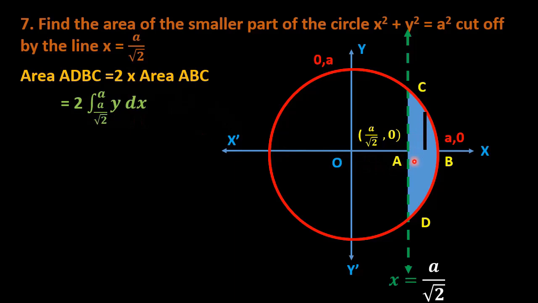So we have taken the vertical strip. This point is a by root 2, and we have to integrate up to this point, which is a. Lower limit will be a by root 2 and upper limit will be a. And since we have taken the vertical strip, it will be y dx. So this y expression we have to take from the equation of the circle.